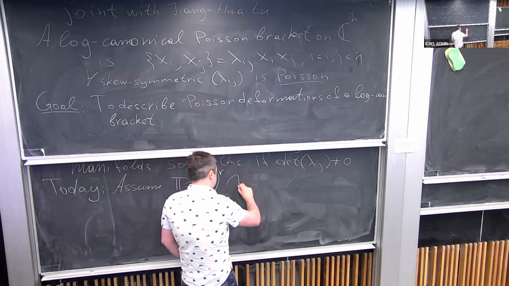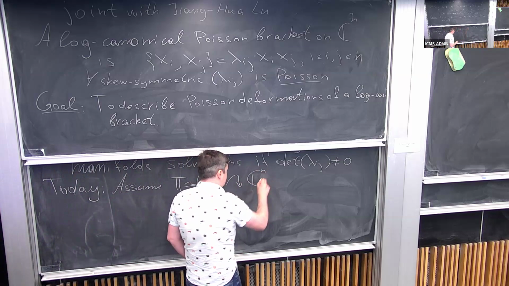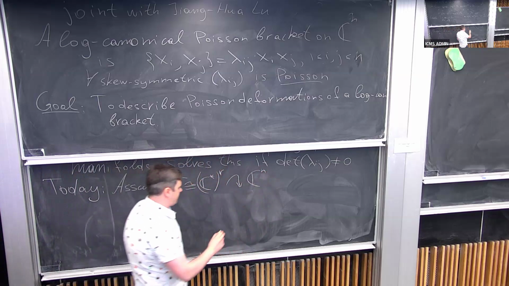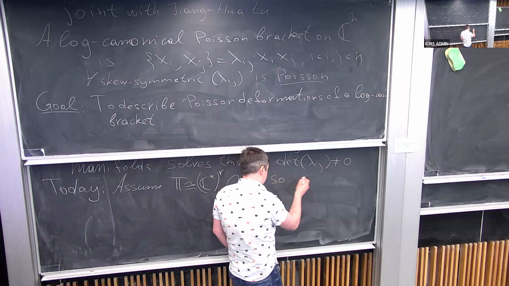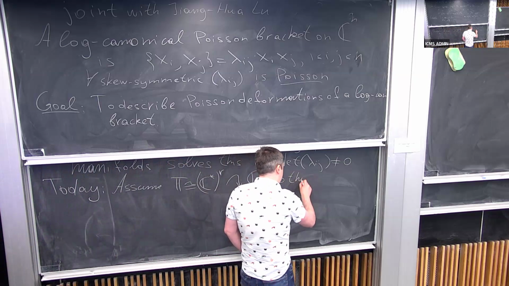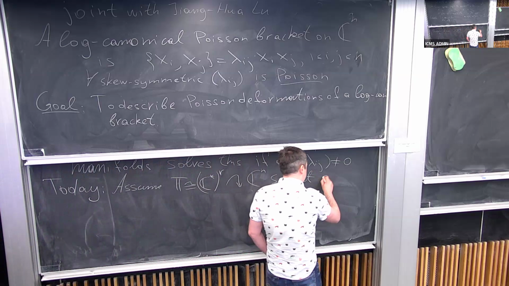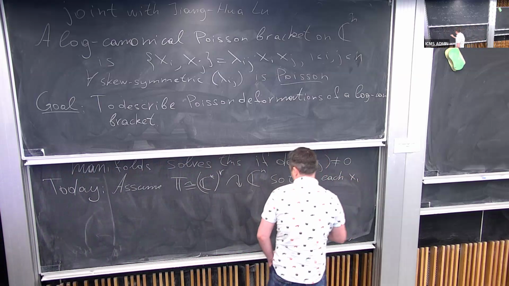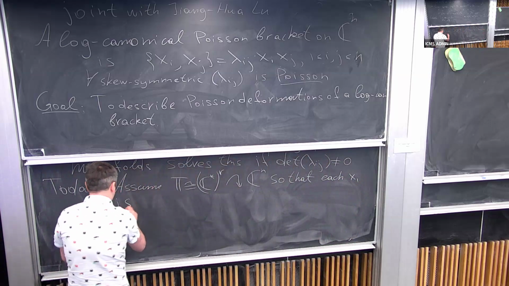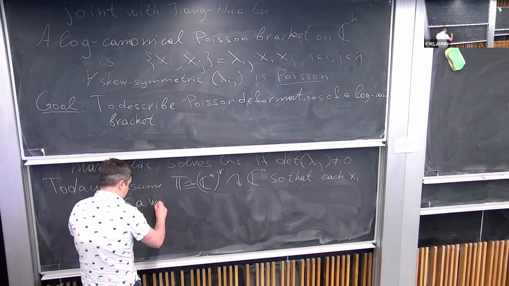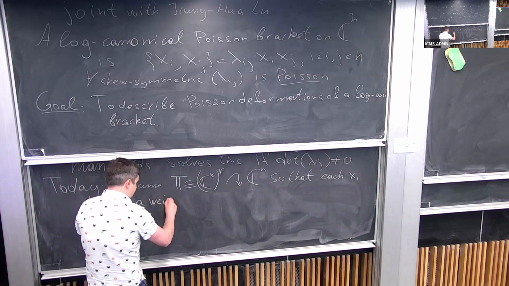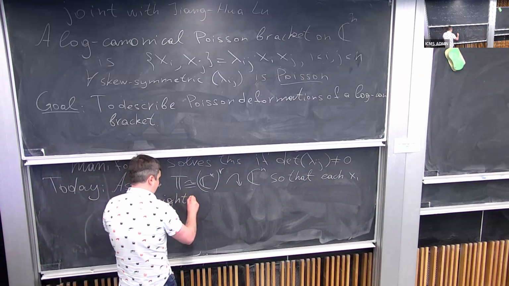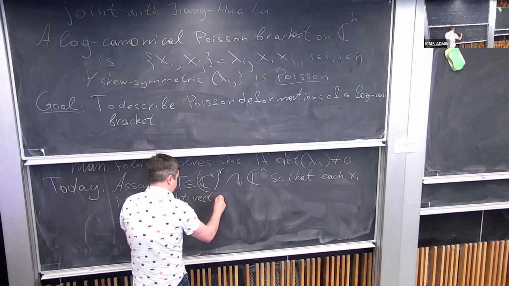And assume it acts on C^n in such a way that each coordinate is a weight vector with respect to this action.